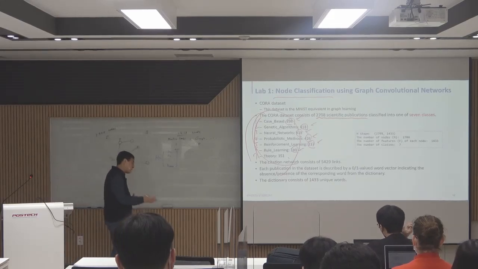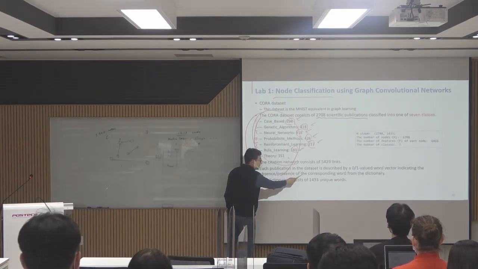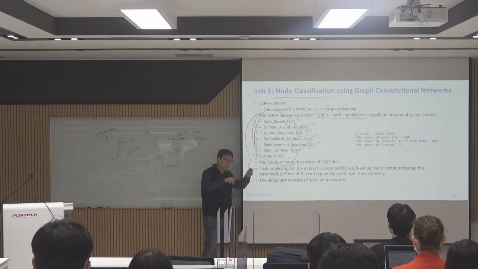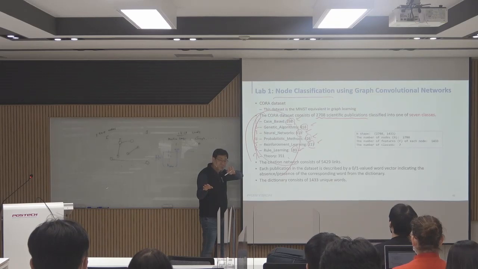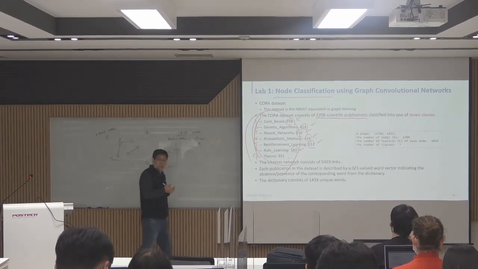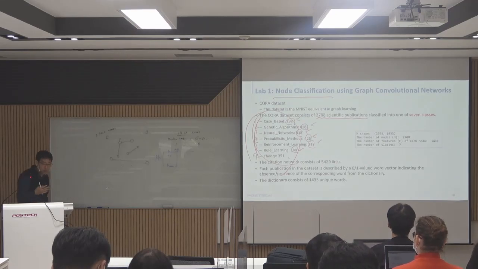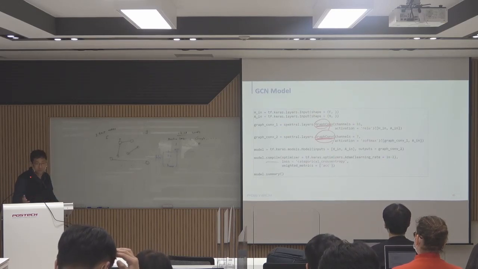The difference is that with ANNs or CNNs, we make classifications only based on the features, not the connectivity. But since we have connectivity between papers, the references, we utilize that connectivity information as well. Implementation is actually not that difficult, as you can see.